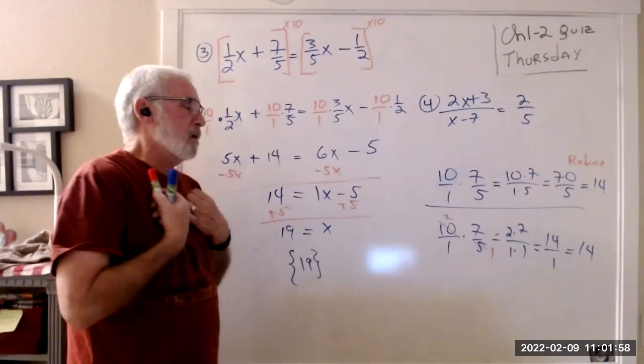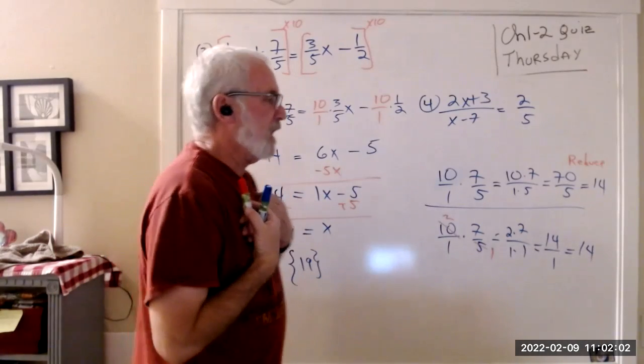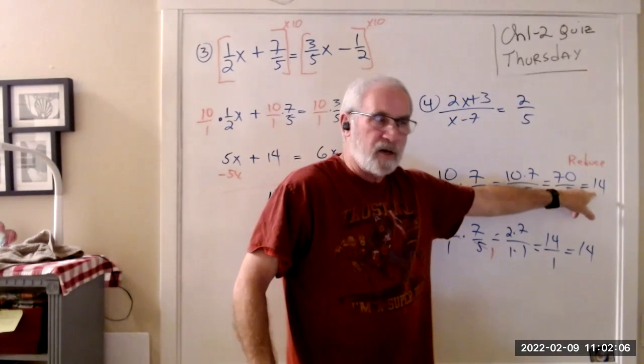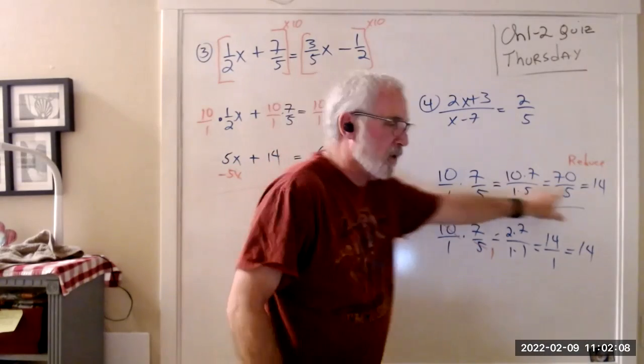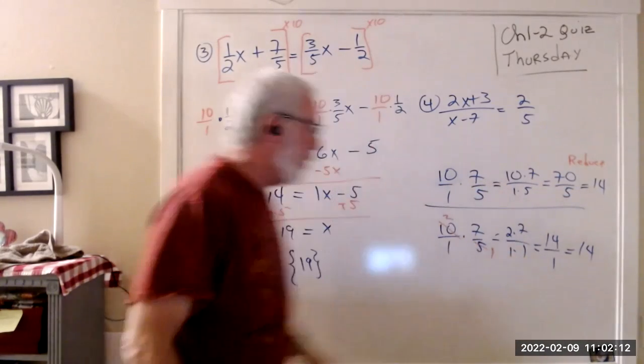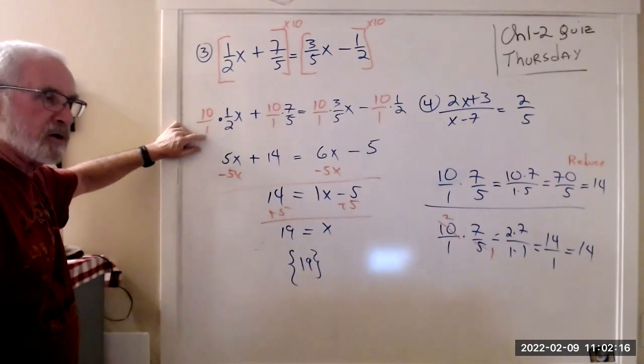From my point of view, I don't care how you got the 14. I don't care if you did it this way on your paper, or if you cross cancel this way, or if you actually put all this in your calculator. It's a little bit slower actually to put this in your calculator.